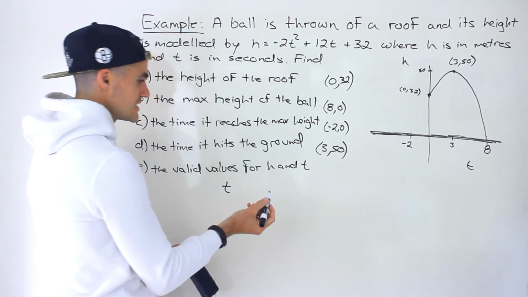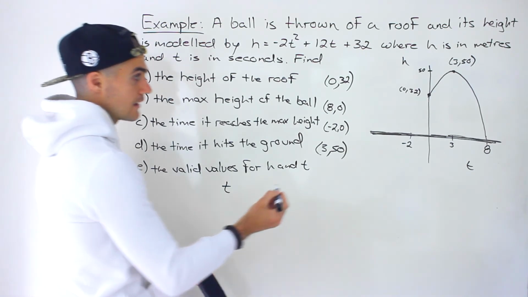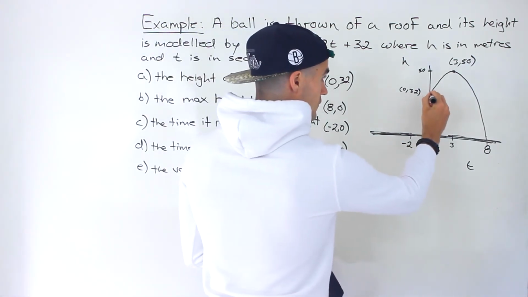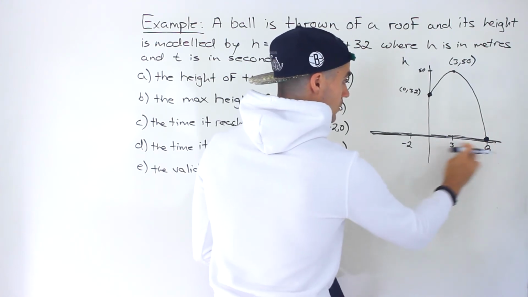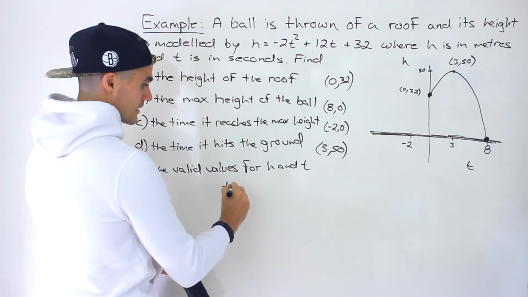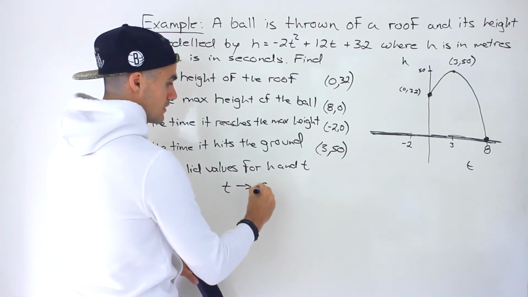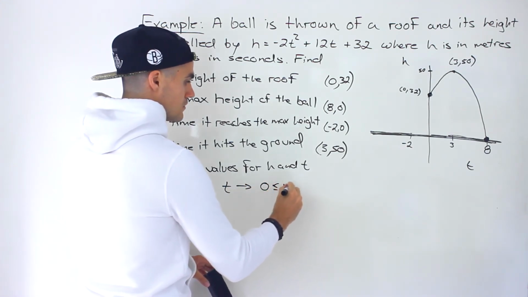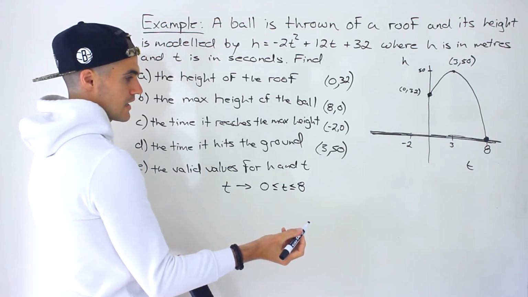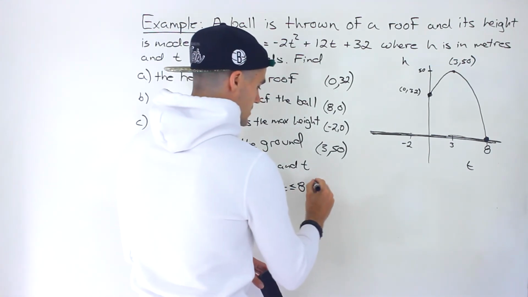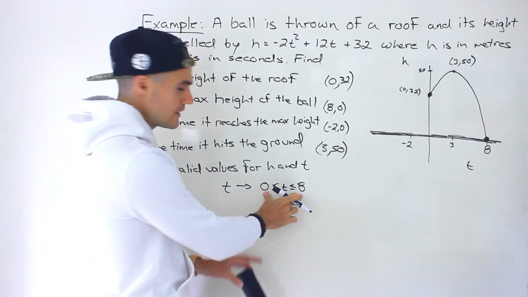So notice that for t, what are the valid values? Well, the graph goes from here to here, right? So it goes from 0 to 8 seconds. So the valid values for t are from 0 to 8 seconds. Okay, another nicer way to show this, your teacher may just be doing this.